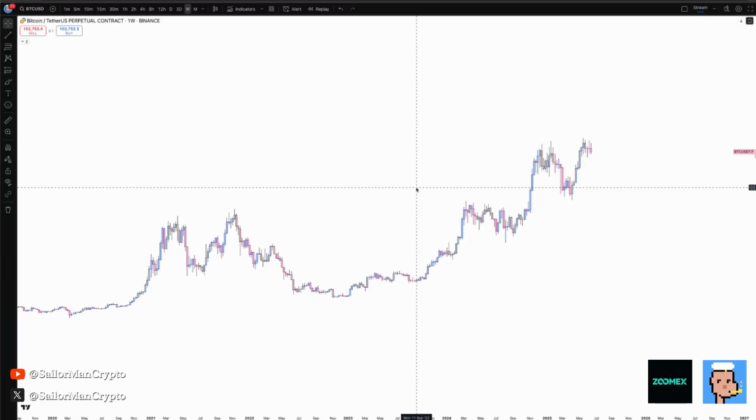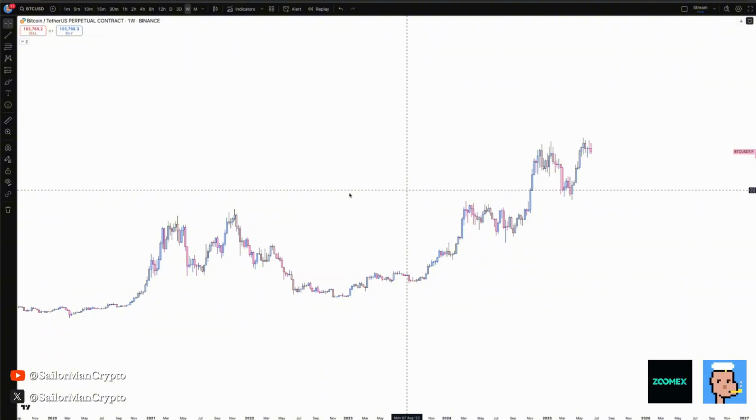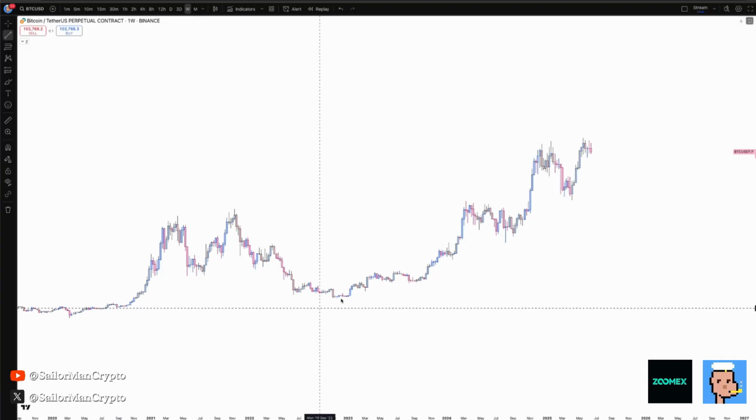So always starting from a naked chart means that you are starting with a neutral approach, with a neutral bias to the chart. And whatever levels you start to draw on the chart, remember, will somehow affect your decision making.